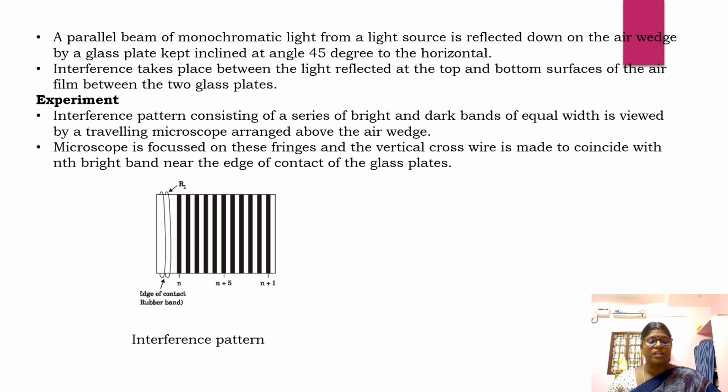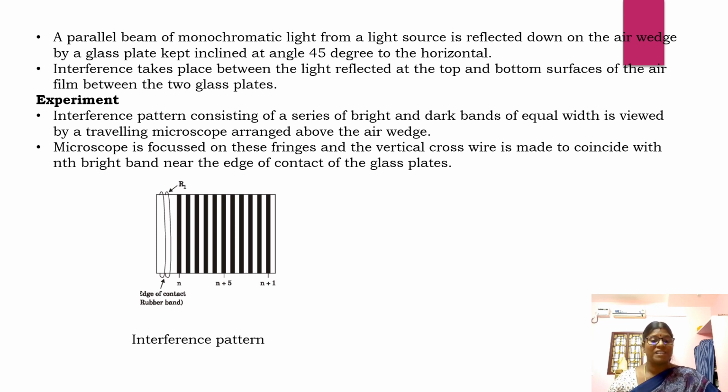Then, using the screw setup, the crosswire is moved from the nth band to the n plus fifth band. Now the reading is noted for the nth band and the n plus fifth band.